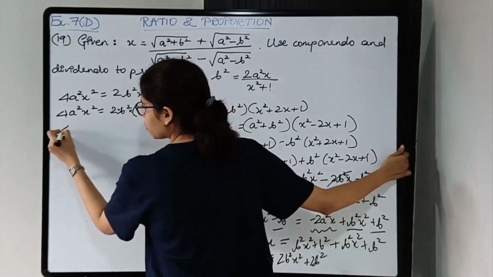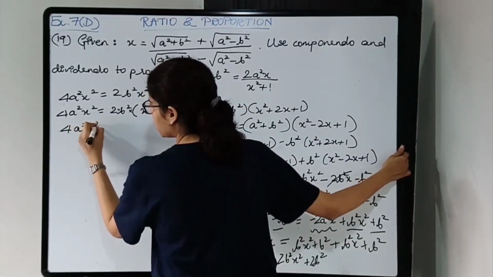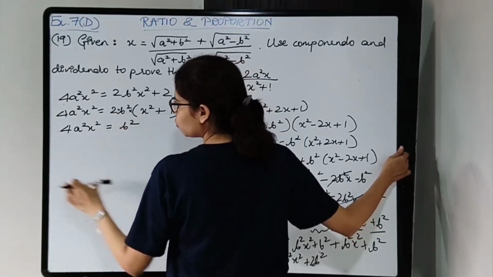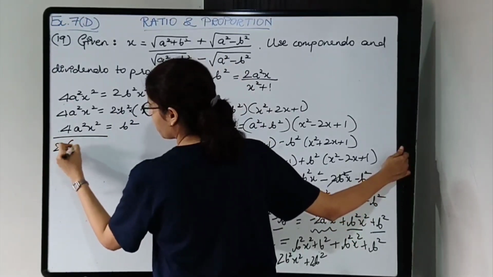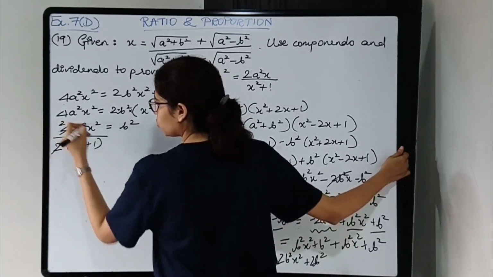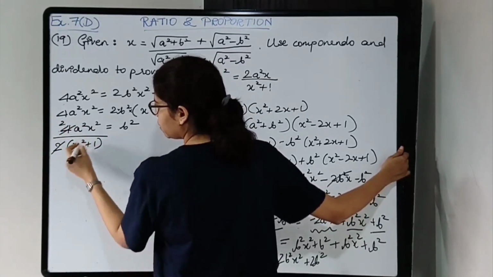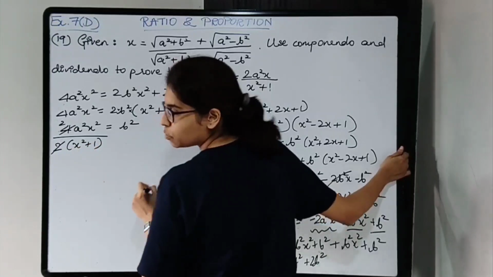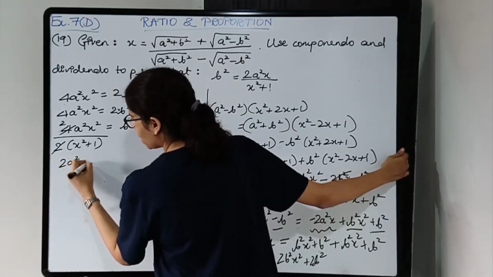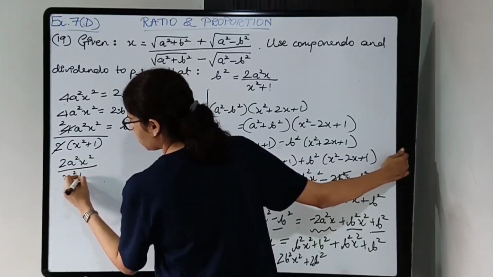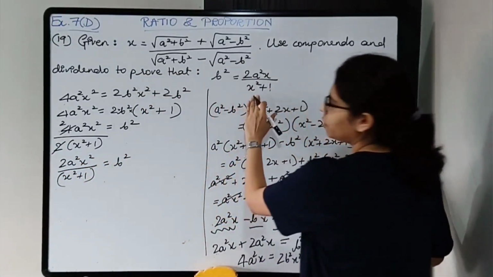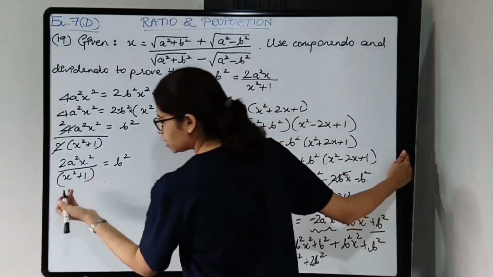Okay, so 4a square x square is equal to b square, and shifting these two it will go in denominator. Okay, 2 2s are, and here you cannot cancel out, there is plus sign in between, so you cannot cancel out. Okay, so 2a square x square upon x square plus 1. So this is what we wanted, we got it. Let's switch the sides.